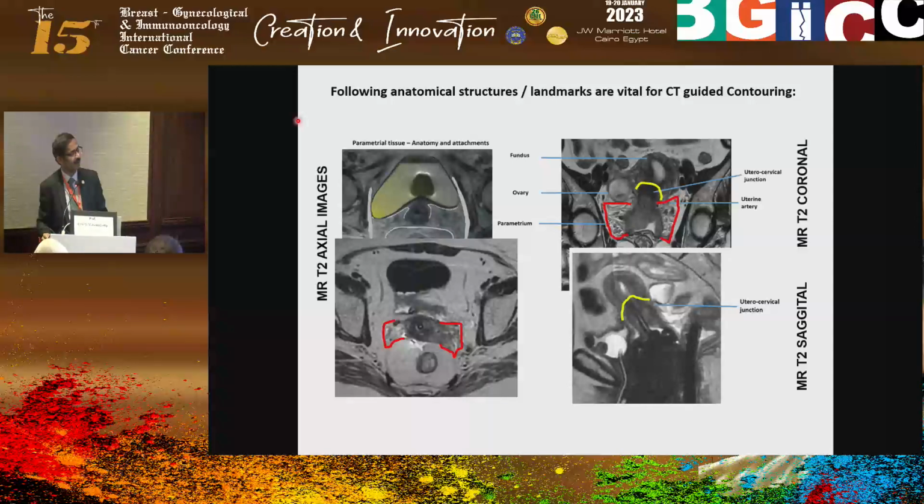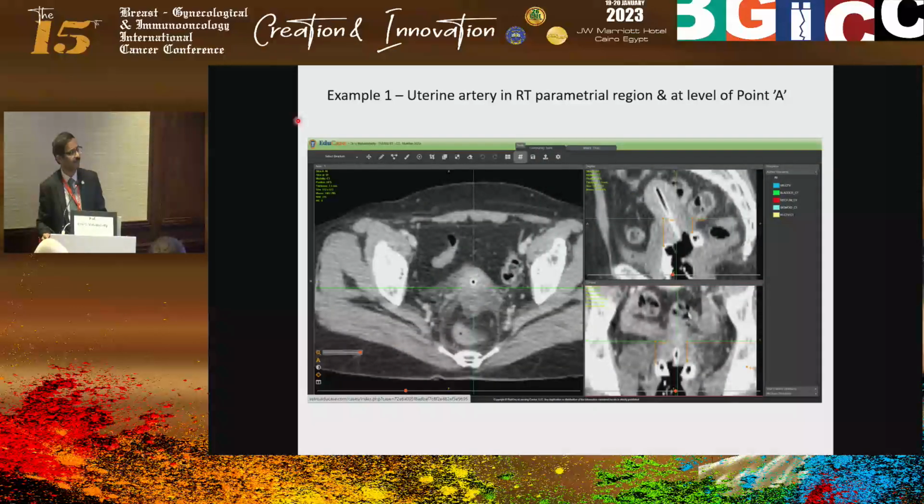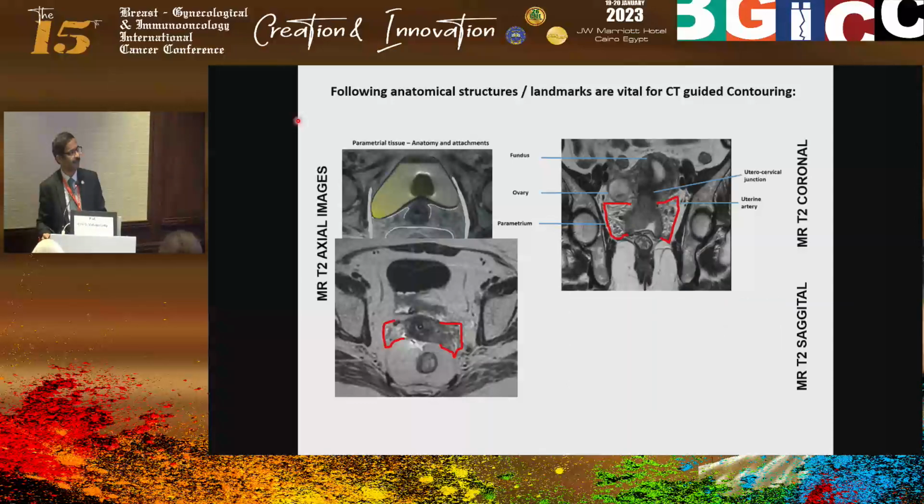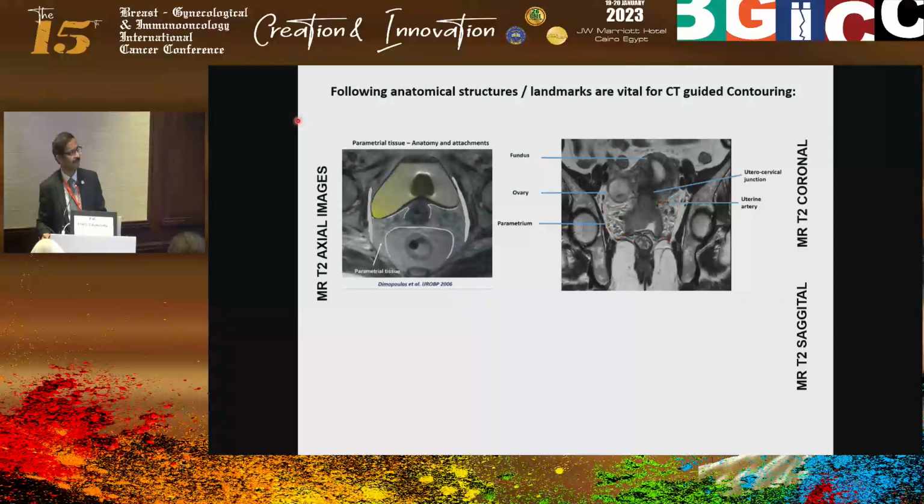On coronal section, please understand this correctly. On coronal section, you will see in the area of parametrial tissue here, oh come on, this is not working. In the area of parametrial tissue here, you will always see the uterine artery crossing to the midline.